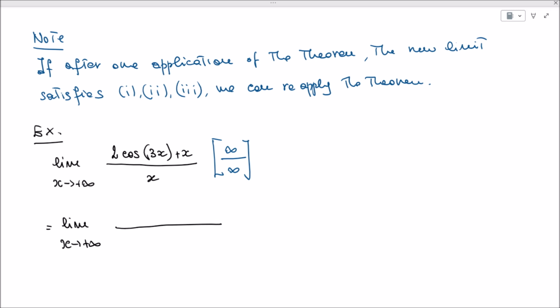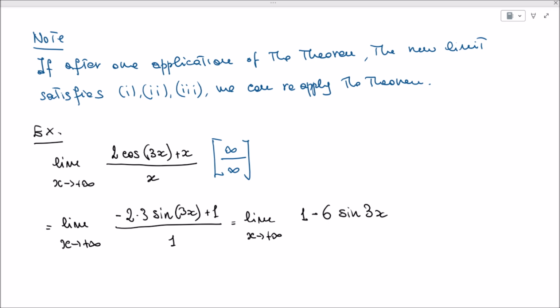Now, if we take the derivative of the numerator, we get 2 times, well, the derivative of the cosine is minus sine of 3x, and then of course we need to multiply by 3 again, plus 1 divided by 1, right? So this is the limit as x goes to plus infinity of 1 minus 6 times sine of 3x.